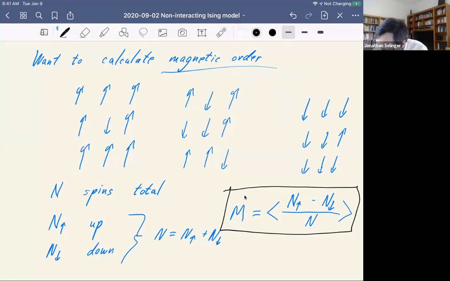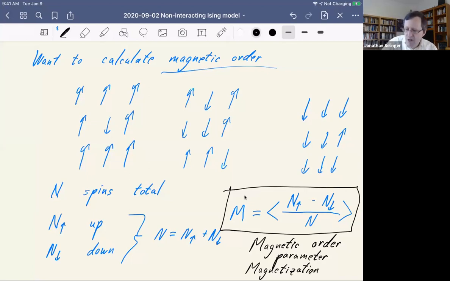So this thing we'll call our magnetic order parameter. Or people would sometimes just say the magnetization of the system. Okay. Please, question.